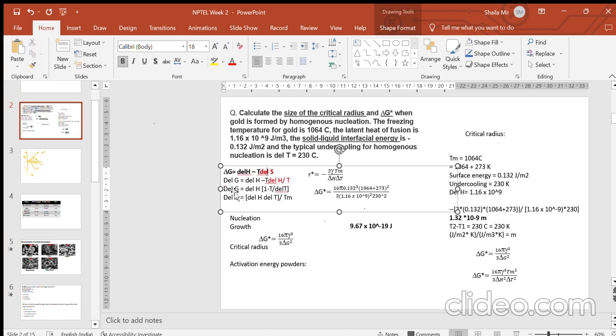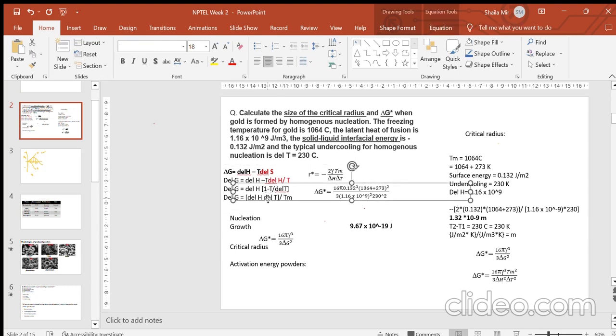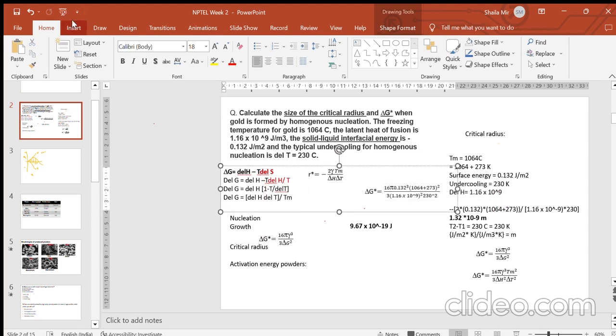So now we write delta G is equal to delta H. We take delta H common in both terms, because we have delta H as one term and T delta H by T as the other. So delta H is common, and then we have 1 minus T divided by the absolute temperature, which is T naught. I'll write it here, this will be more clear.